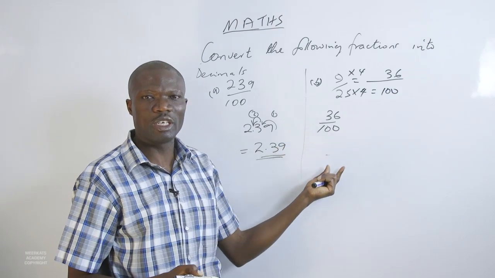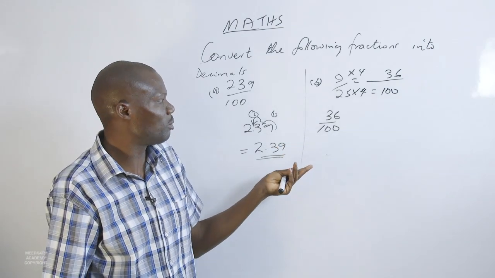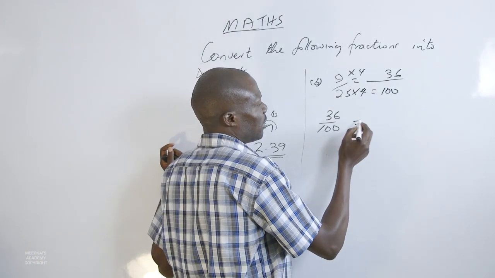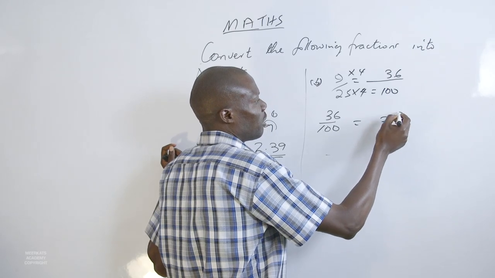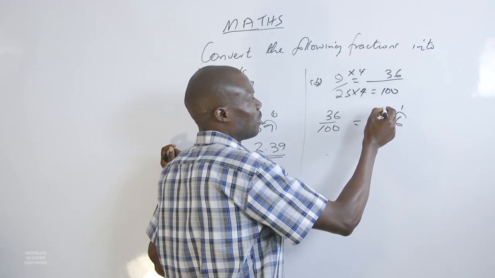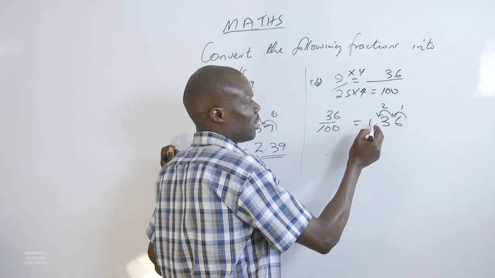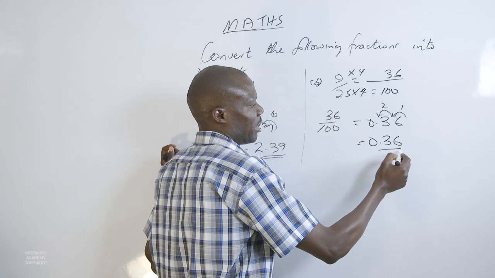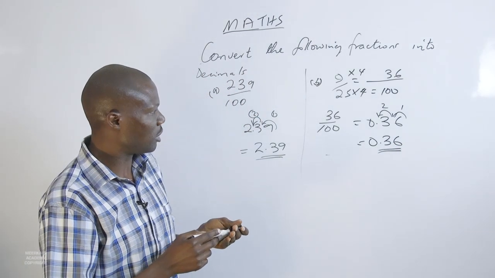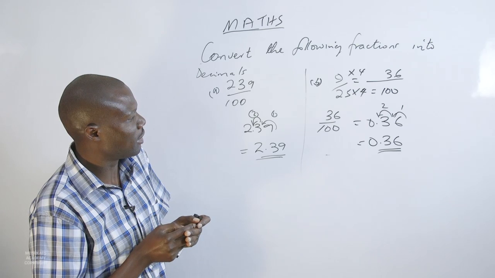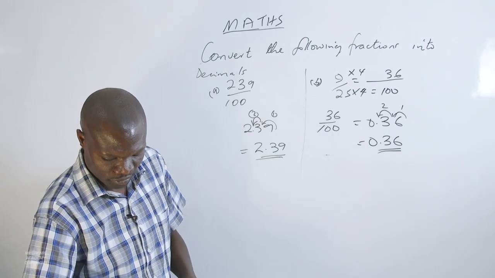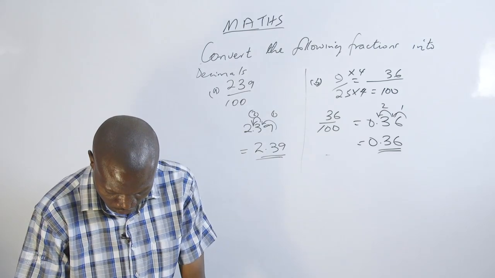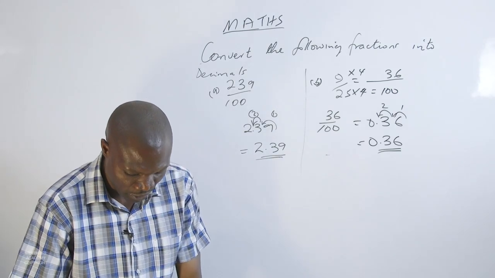At this point, we only need to count the number of decimal places by looking at the number of zeros in the denominator. From 36, we count 1, and we count the second one. We place a decimal point and then follow with the 0. So this one becomes 0.36, our decimal number.